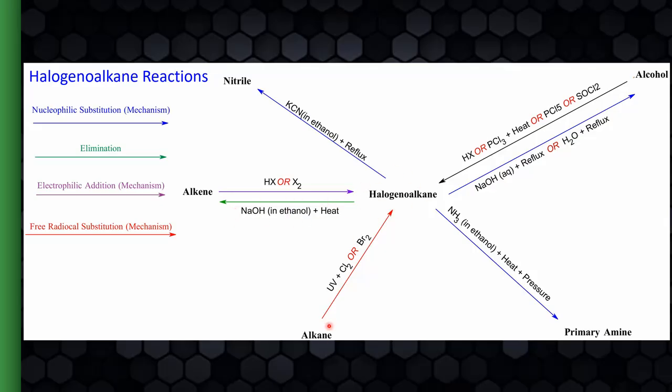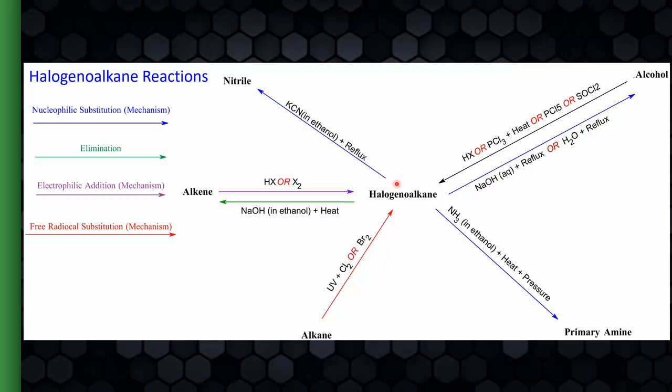We also reviewed the fact that alkanes can be turned into halogenoalkanes by the use of UV light with a diatomic halogen like Cl2 or Br2, usually in aqueous solution. And that was from chapter 15 as well.